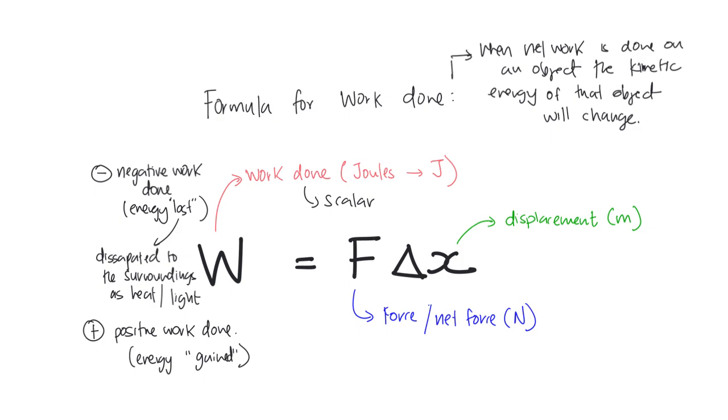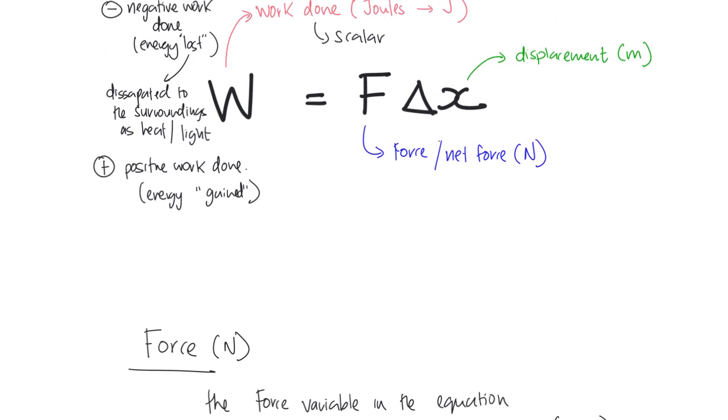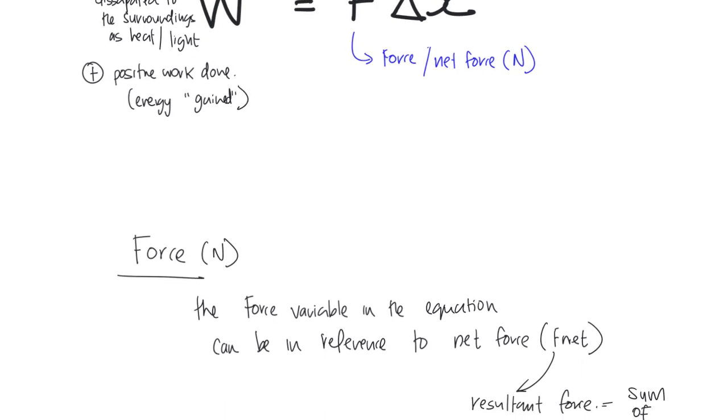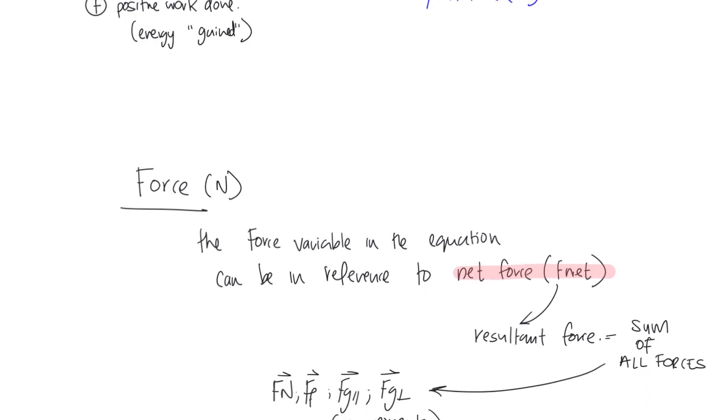Now, something that is very, very important is when we look at this formula, the force that we use has to be a net force that is acting on the object. So that is your resultant force, F resultant, which is the sum of your forces.